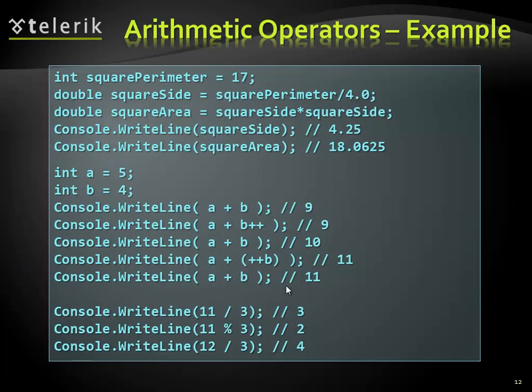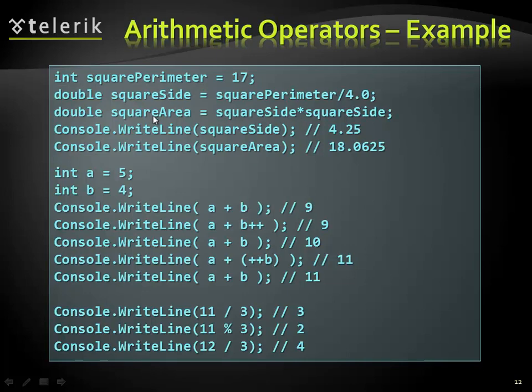So here we have a few examples which we'll see also live. We have a variable here of type integer. We're setting its value to 17. Now we have a division of the 17 with the number 4, and we're assigning the result to another variable of type double.